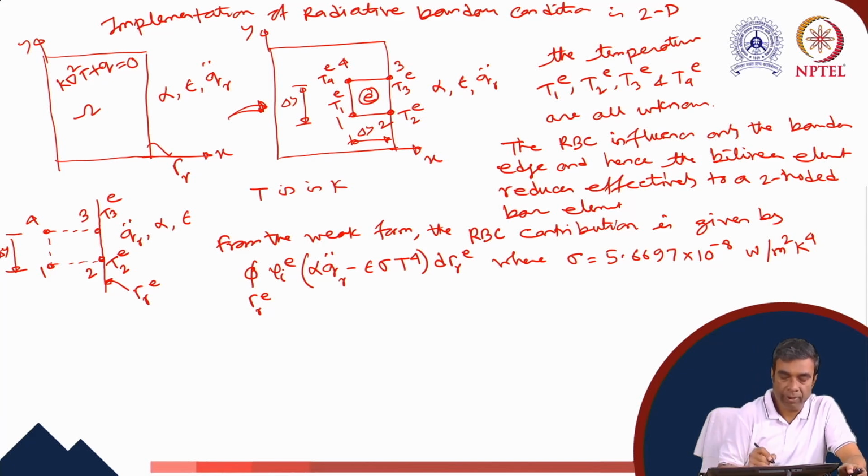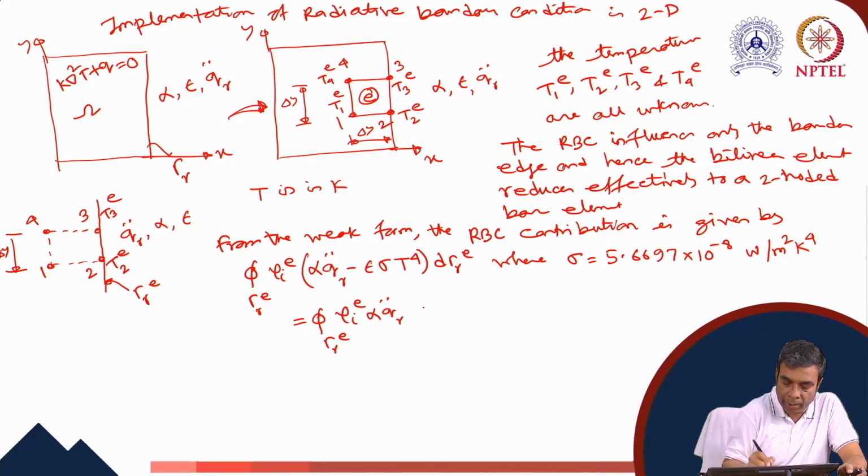Now this integral term we can split into two parts. One part contributes to the element level stiffness matrix and the other part contributes to the element level load vector. So let us split these components first. So this gives us boundary integral along gamma RE psi IE alpha QR double dot minus boundary integral along gamma RE psi IE epsilon sigma T to the power 4 d gamma RE.